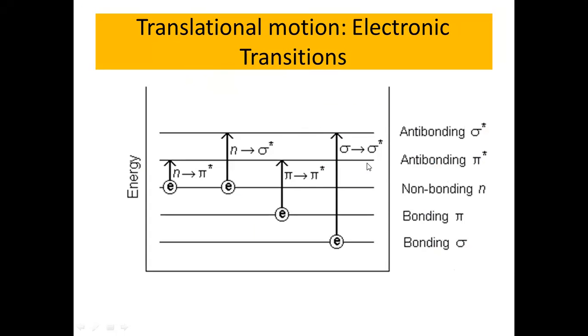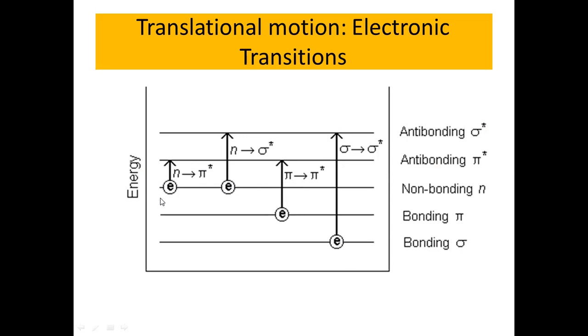How can you calculate the energy difference between two energy levels, or the excitation of the electron, let's suppose from the bonding sigma electron to the anti-bonding sigma star, and there is the pi bonding electron from pi to pi star, or from non-bonding to sigma star, or non-bonding to pi star.